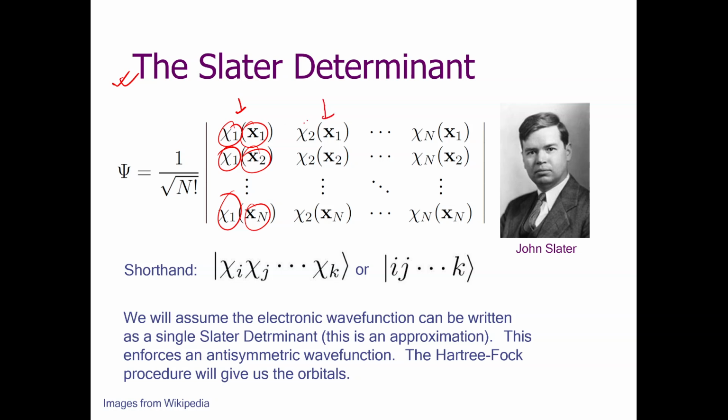And here also the second orbital and so on, you all know this, and this is the shorthand notation of how you denote the Slater determinant. So you assume that the electronic wave function can be written as a single Slater determinant. The Slater determinants came into the picture because we need the antisymmetric wave function, because we are dealing with a fermionic system, right? And the Hartree-Fock: when we solve the Hartree-Fock equation, that will give us the orbitals that we are interested in.